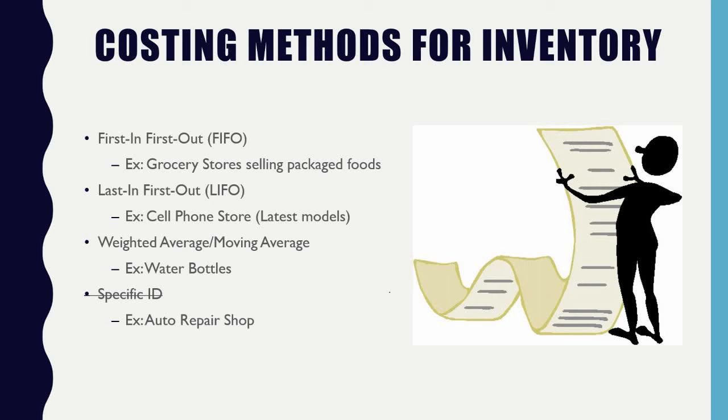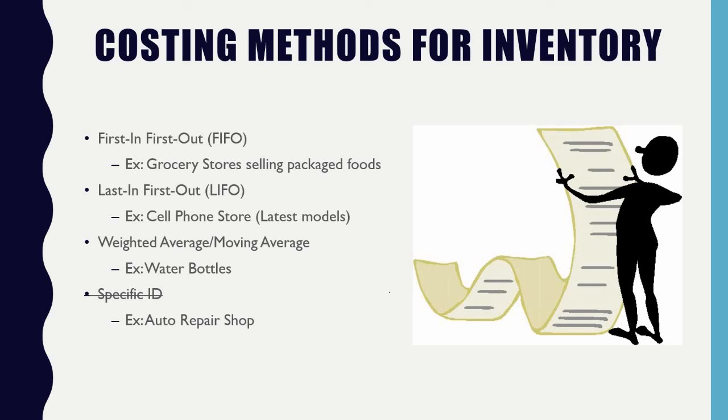An example is an auto repair shop. So obviously, when you have an auto repair shop, your type of inventory will be based on one, the car model, two, what year is that car model, and three, what brand is that car model. So again, with all those specific details that you need to have, you need to buy a specific part for a specific car.